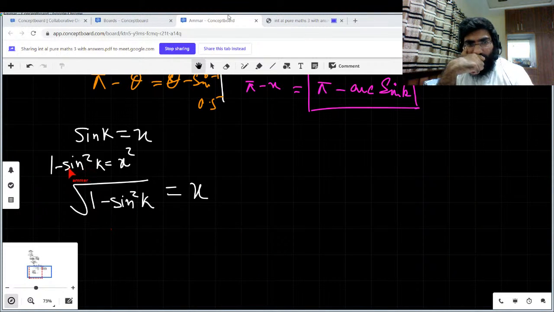That's what I meant to write. Just 1 second. Sine squared k is equal to 1 minus cos squared k.